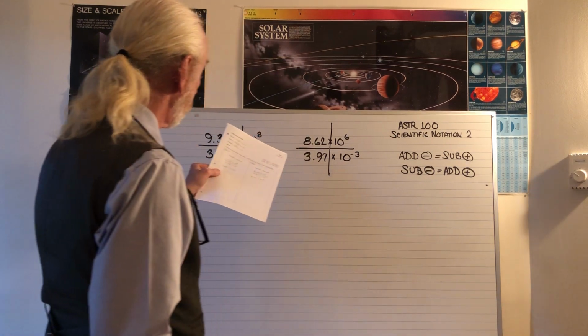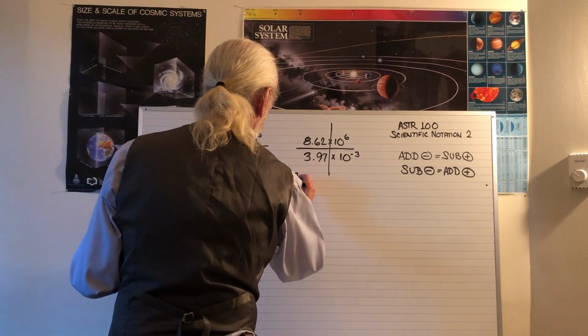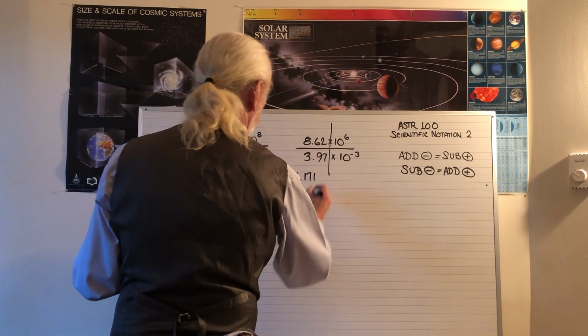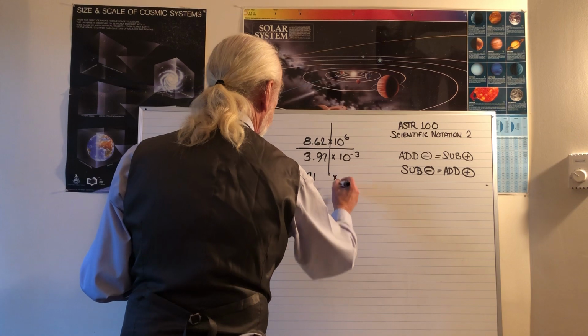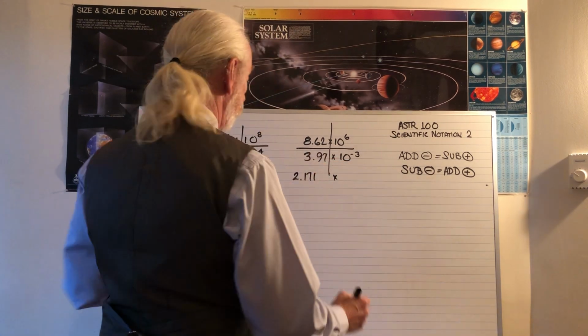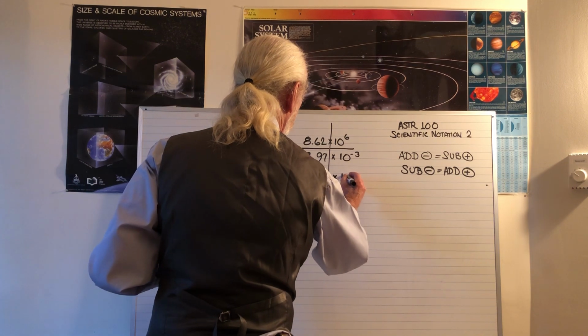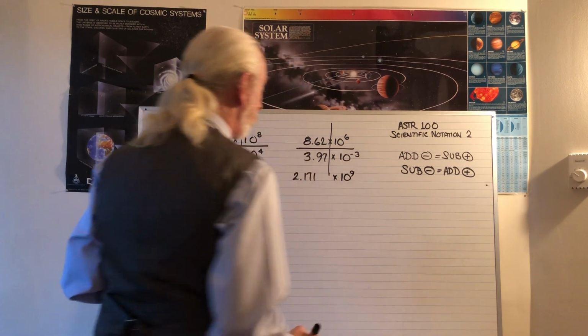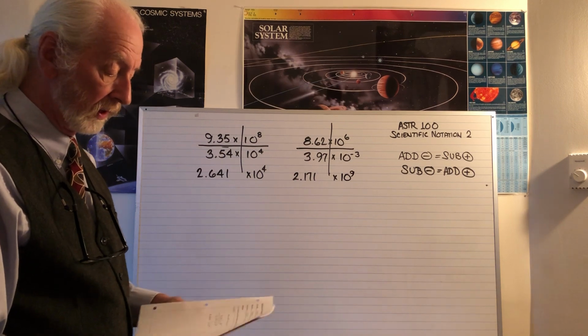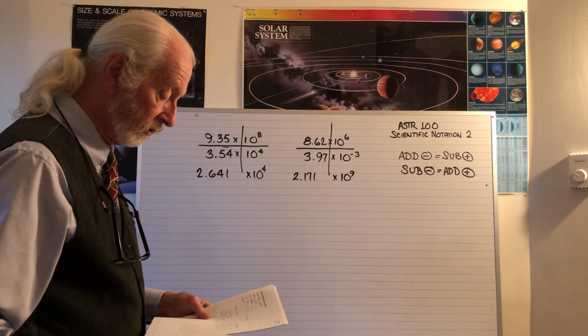Calculator for that. You should get 2.171 times, subtracting a negative, same as adding a positive, 10 to the 9th. That's division critical rules. Next page, page 19.